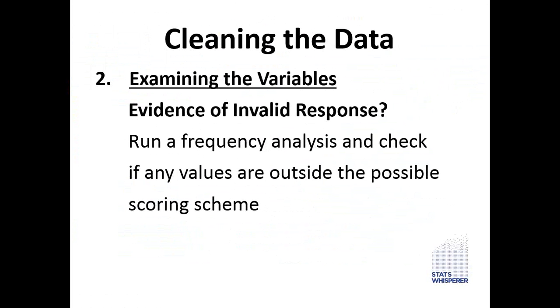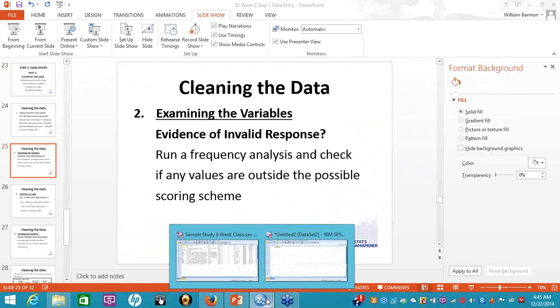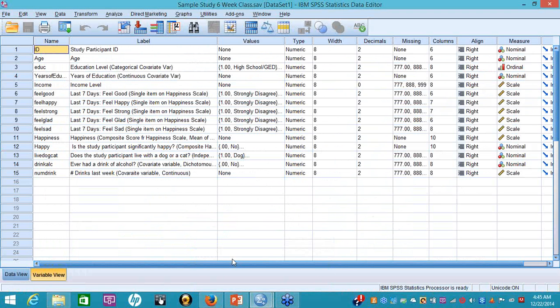Examining the variables, a big part of this is looking for evidence of invalid responses. Generally, you could start this off by running a frequency analysis and see if there are any values outside the possible scoring scheme. What does that mean? If we go back to the SPSS database, here we see our variables.